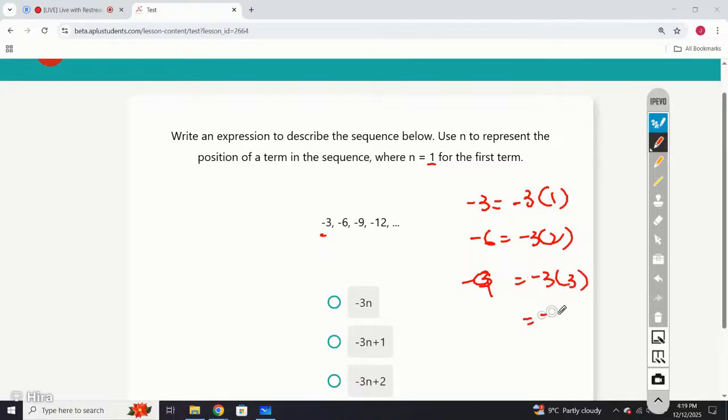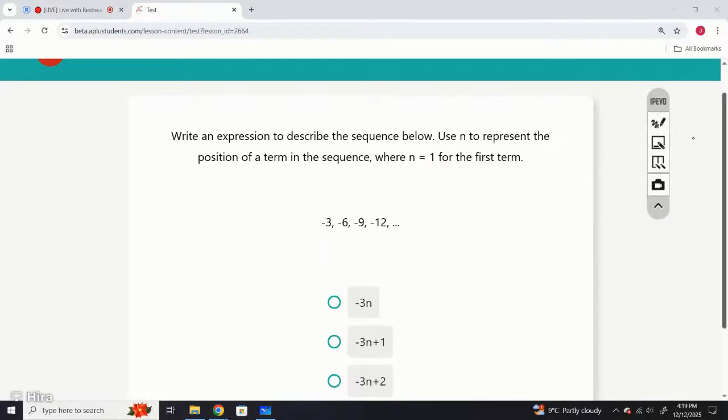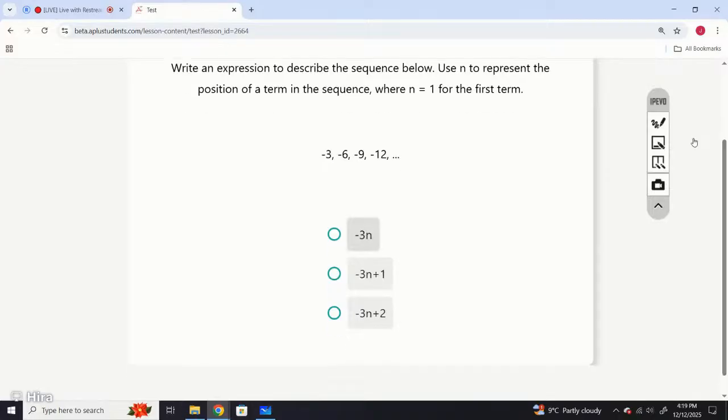That means it is negative 3 times n, because 1, 2, 3 are the values of n. The correct option is negative 3n, option number 1.